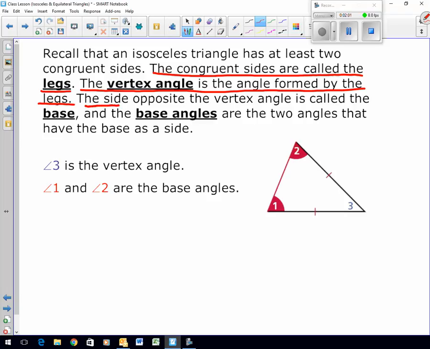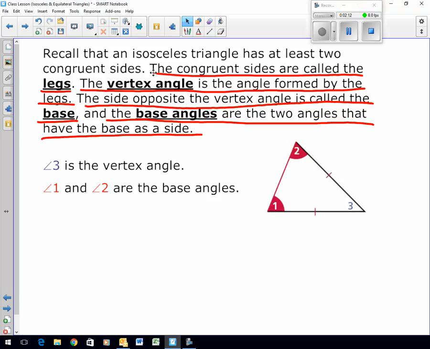The side that is opposite the vertex angle is called the base, which means that the two angles that have the base as a side are called the base angles. Ton of vocab right here, right?